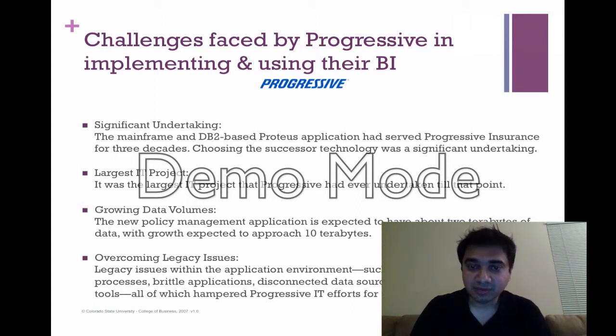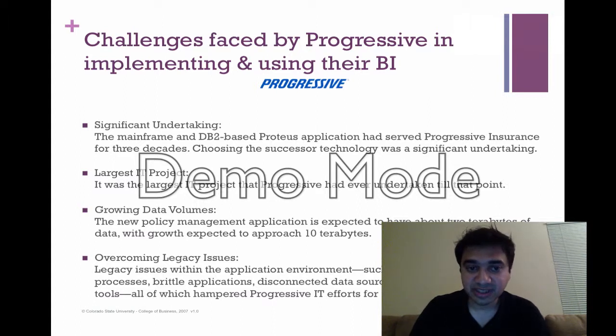So sunsetting the 3-decade-old application and selecting a successor technology was a significant undertaking, not only in terms of human effort, but also a cultural shift, changing mindsets. It was also one of the largest IT projects that Progressive had ever undertaken up to that point.